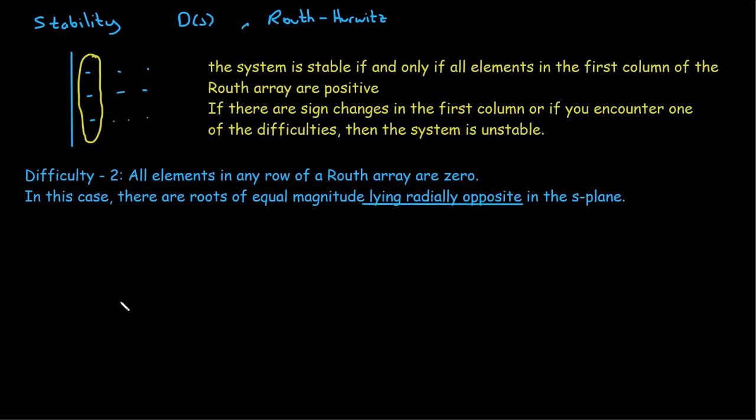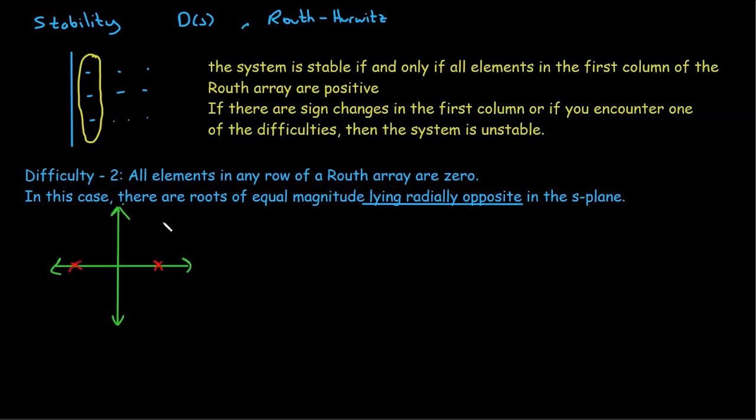So let me try to show possible cases. Let this be our S-plane, and I will show the possible placement of the poles when they are of equal magnitude and lying radially opposite in the S-plane. One combination can be that one of the roots might be here and the other one just right opposite.